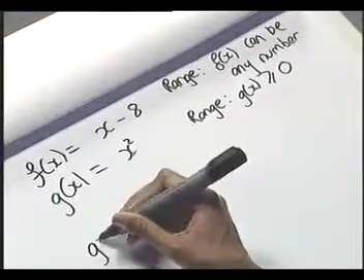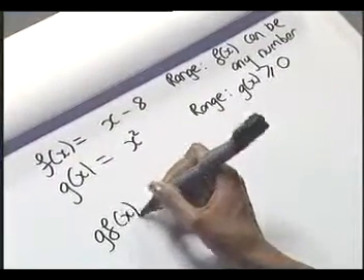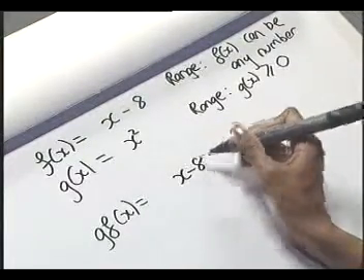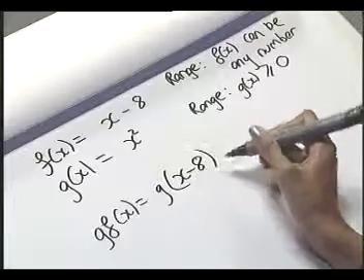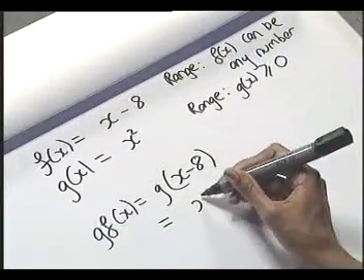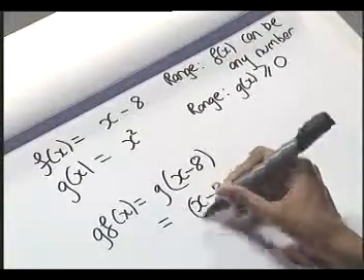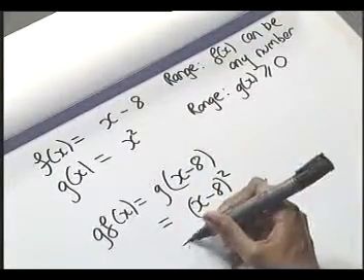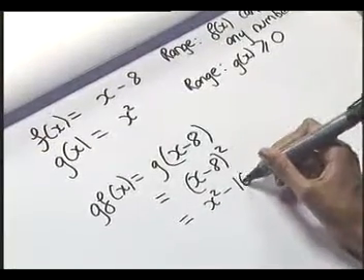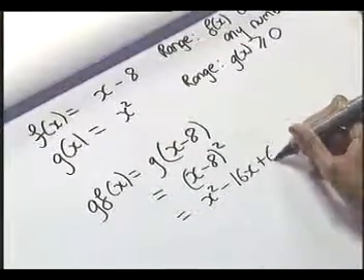Now let's look at the range of the composed function g f. g f of x is, well, f of x is x minus 8, and g of x squares it, so g f of x is x minus 8 squared, which is x squared minus 16x plus 64.